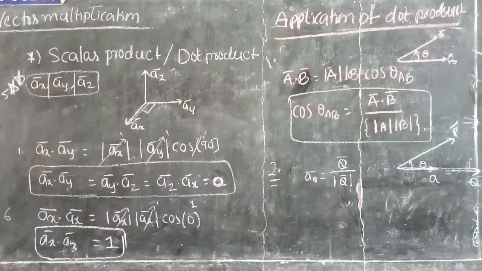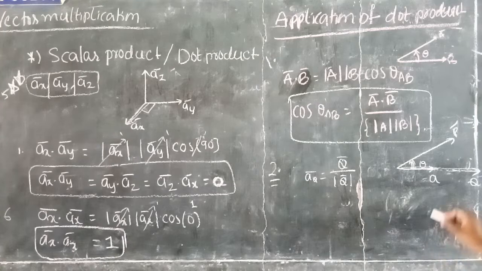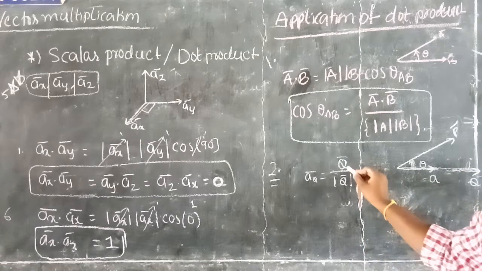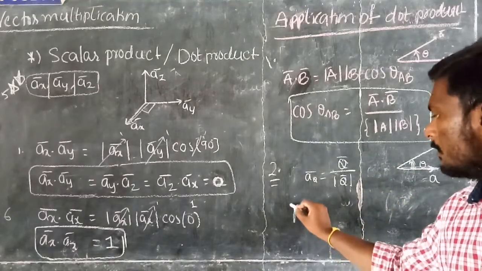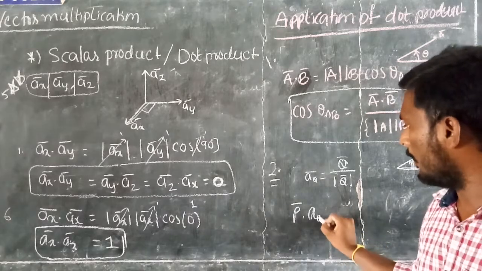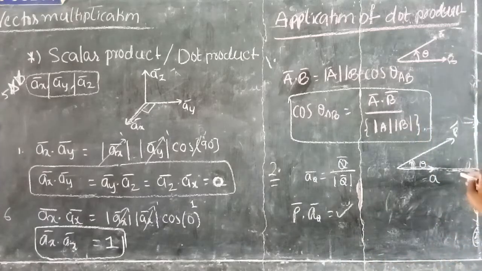So in the case where the component of p bar is calculated along q, we first calculate the unit vector a bar along q, which is the ratio of the vector to its magnitude, and next we calculate p bar dot aq bar. This result gives us the component of p bar along q bar. These are the two applications of dot product.